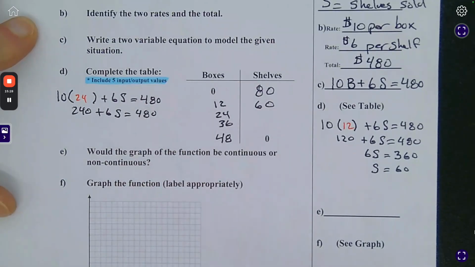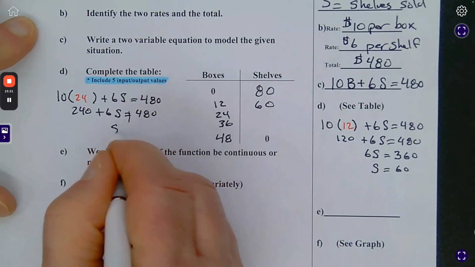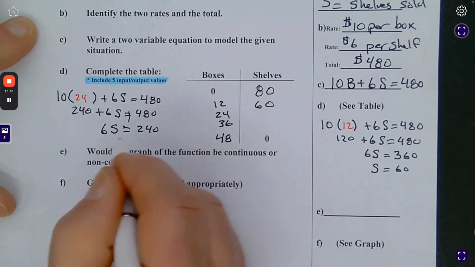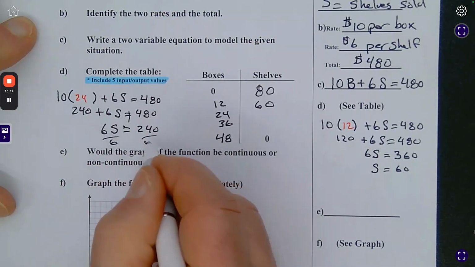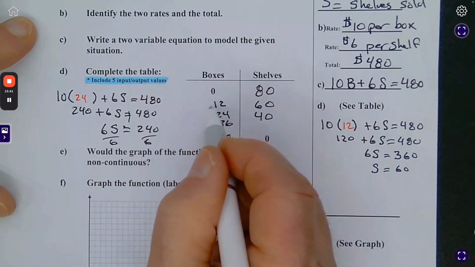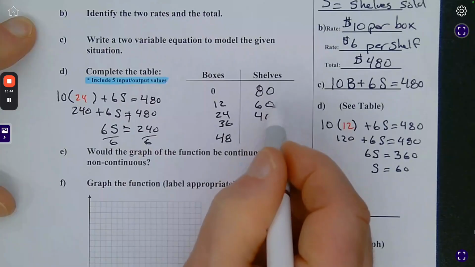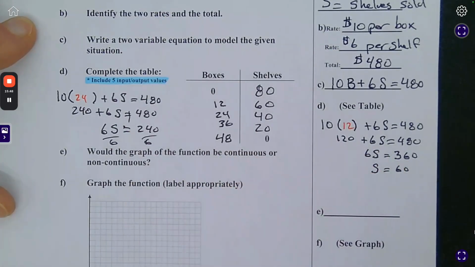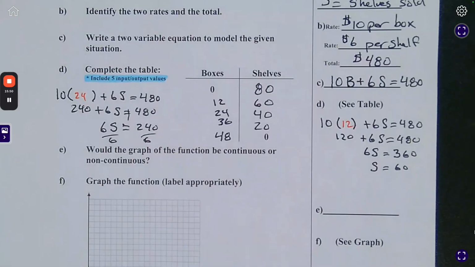Subtract 240 from both sides, because remember we're solving this equation, and that gives me 240. Divide both sides by 6, and that gives me 40. I see a pattern. As I increase this by 12, this decreases by 20. Okay, there are my 5 inputs and outputs.